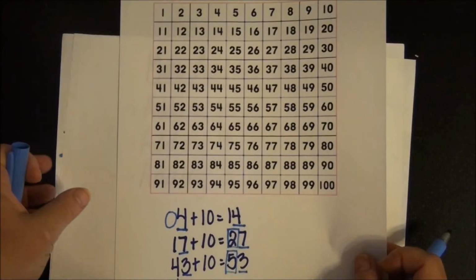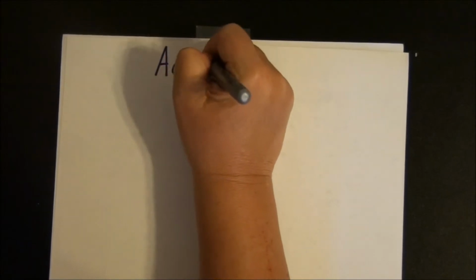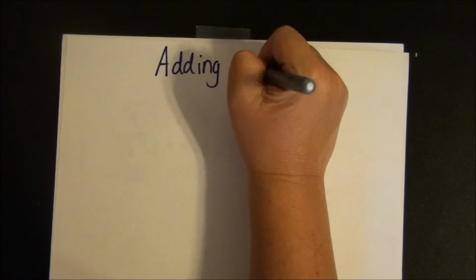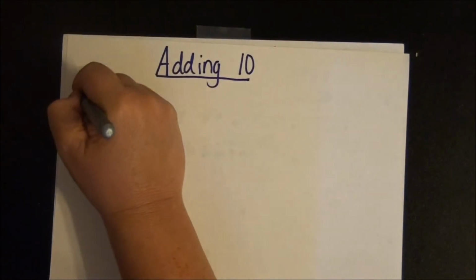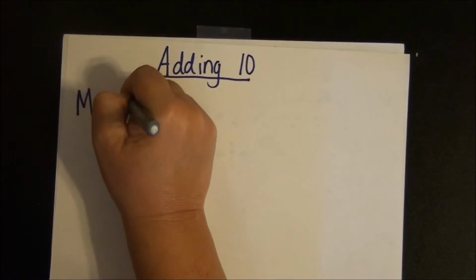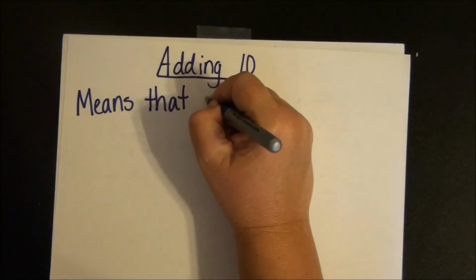Okay, so when you're adding, let me pull this away for a minute. Get another sheet of paper. When you're adding 10, it basically means that you jump up 10.